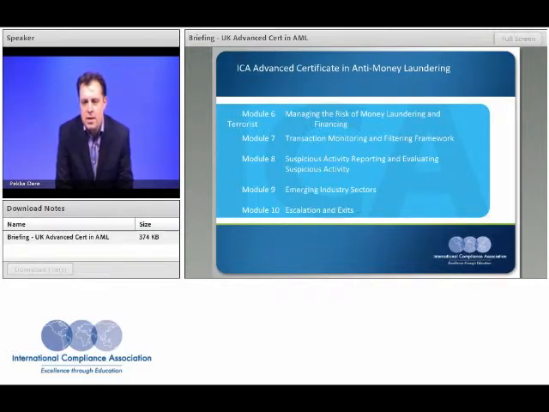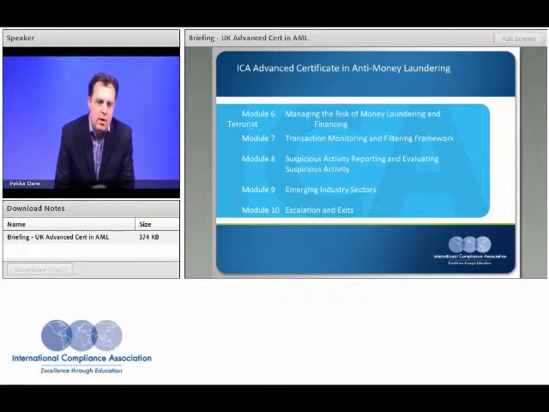What are the latest techniques in terms of the movement and placement, layering and integration of criminal property? We then go on to look at automated tools in terms of transaction monitoring to detect suspicious activity and filtering tools to identify politically exposed persons and sanctions related issues.